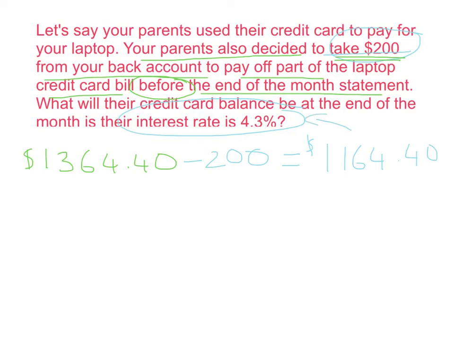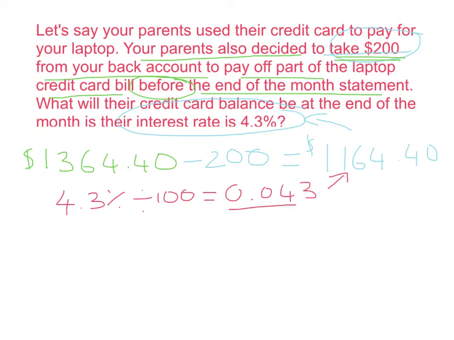Okay? So again, like we've done before, you take your percentage, you divide it by 100, and you get your decimal number. Okay? So you did that part. Now you take this number and you multiply it by the amount on the credit card.